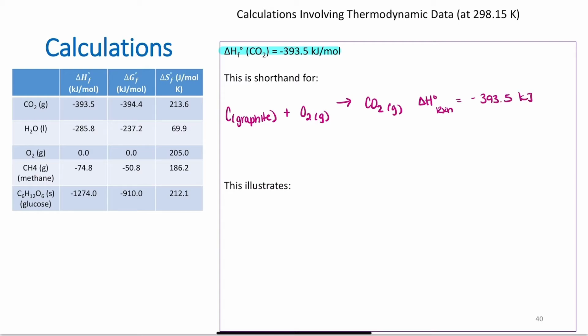What this is telling me, in a much simplified form compared to below, is that in a thermochemical equation, we write kilojoules, not kilojoules per mole, because the coefficients in the equation stand for the number of moles in the reaction.